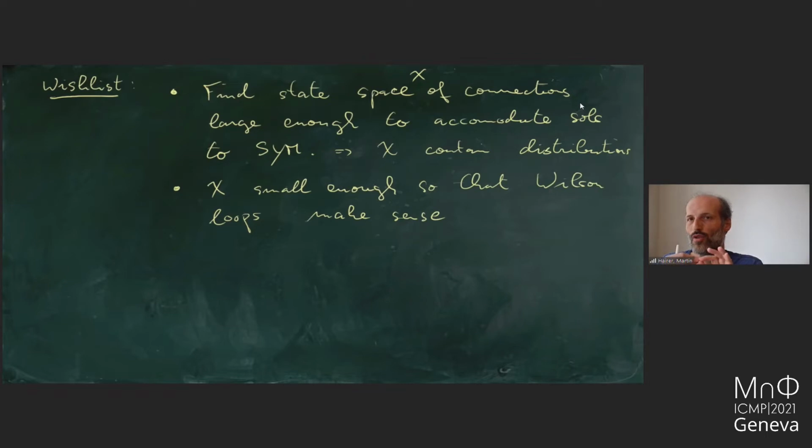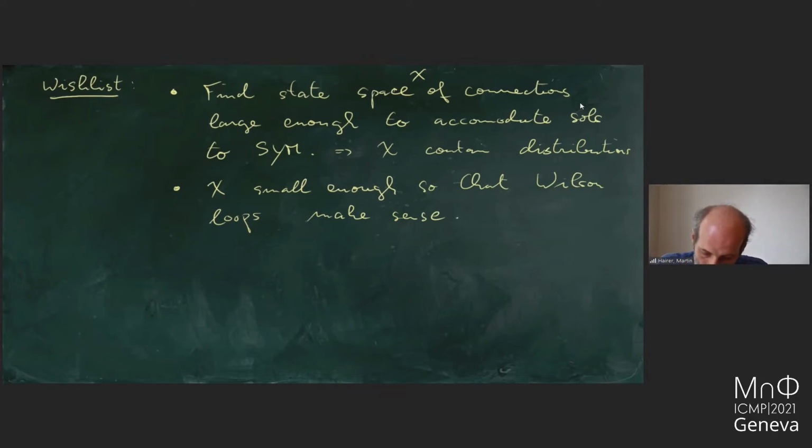The definition involves taking a loop on your base space and following the connection along the loop. The least you would need for that is to be able to restrict your connection to a loop, to a one-dimensional subset of your underlying space. And in general, you can't. An arbitrary distribution cannot be restricted to a line.